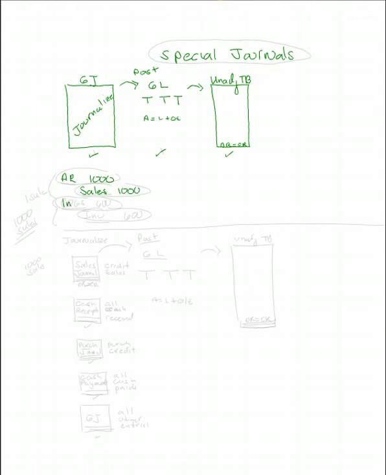Cost of goods sold would get debited for the cost of the sale, and inventory would get credited for the cost of the sale. And this would record one sale for the month, and it would require 4 postings into the general ledger. You'd have to post into accounts receivable, then sales, and cost of goods sold, and then inventory. And that's quite a time-consuming process.